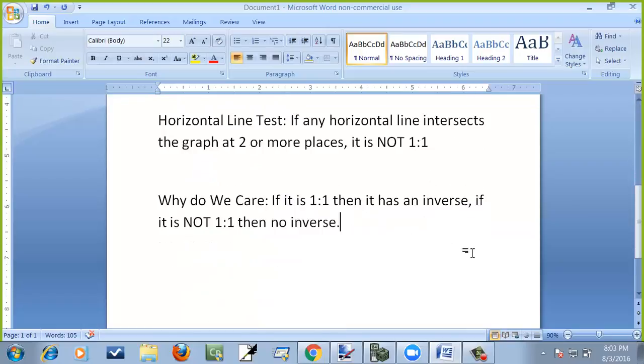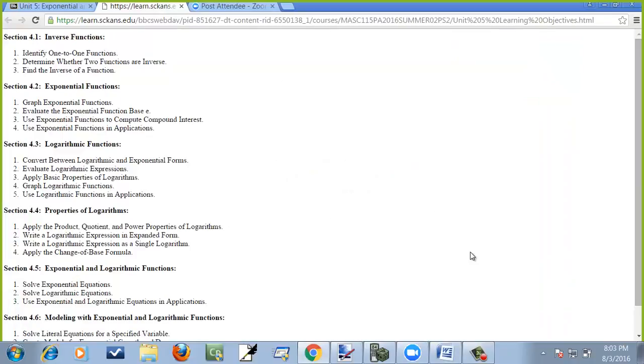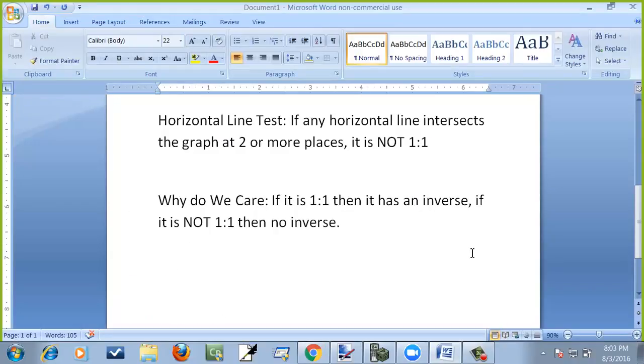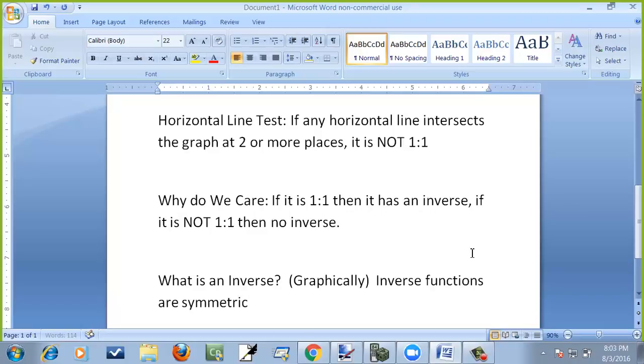The next topic, although it isn't on the list there, is what is an inverse? And we're going to look at this graphically. Inverse functions are symmetric to the line y is equal to x.